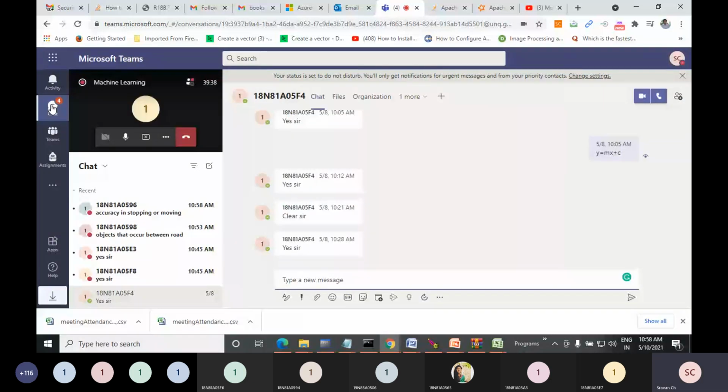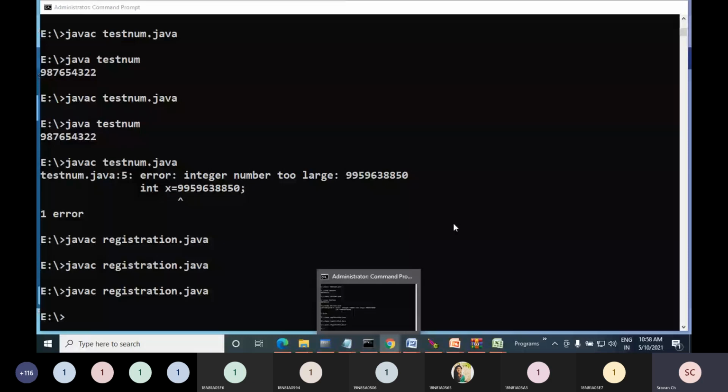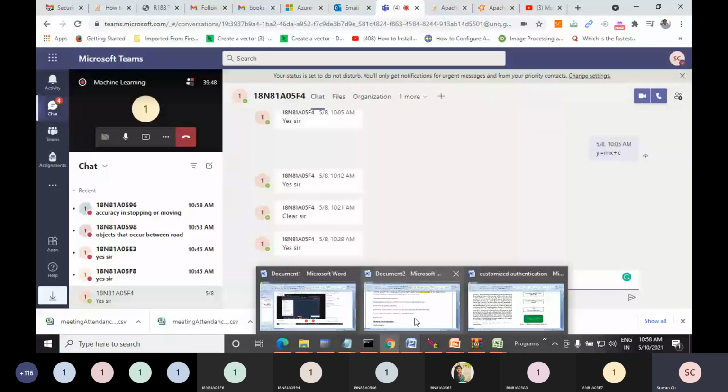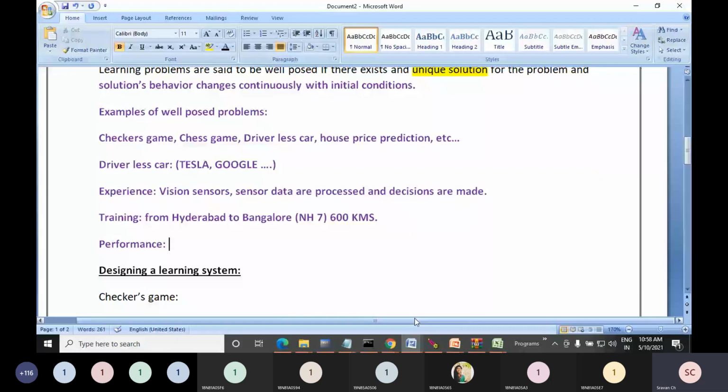Accuracy in stopping or moving. Yeah. Very simple. Performance means, did you complete this 600 kilometers of the journey without any accident? Completion of the journey without any accident or any type of failures.